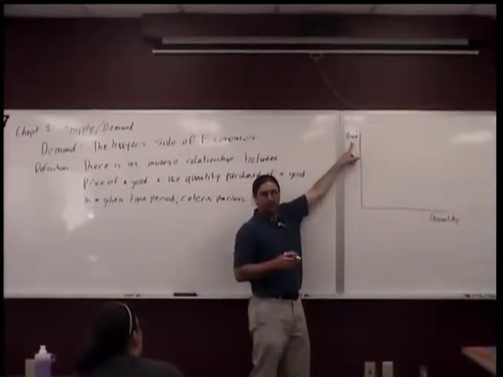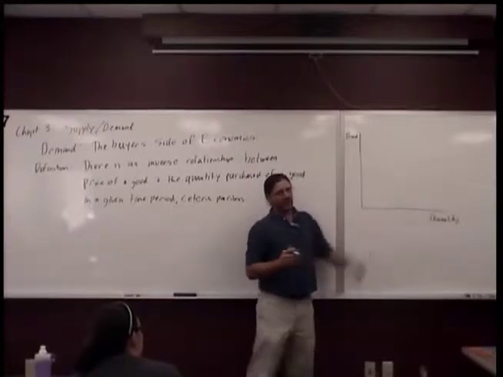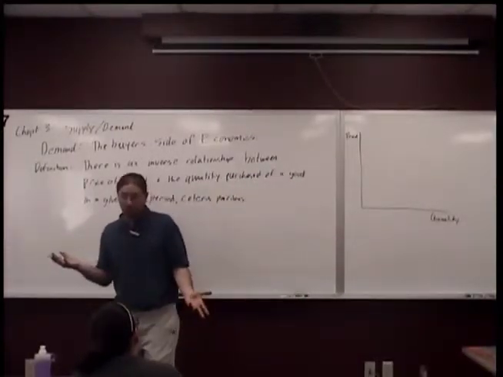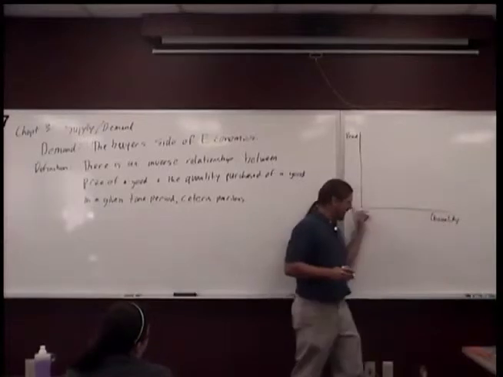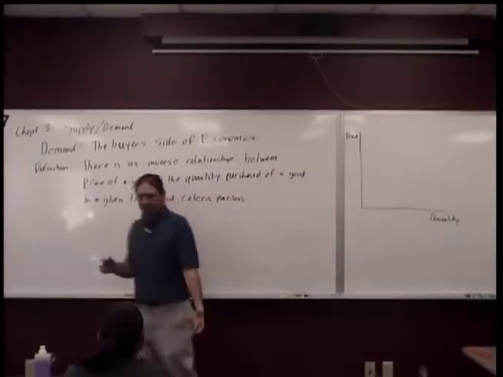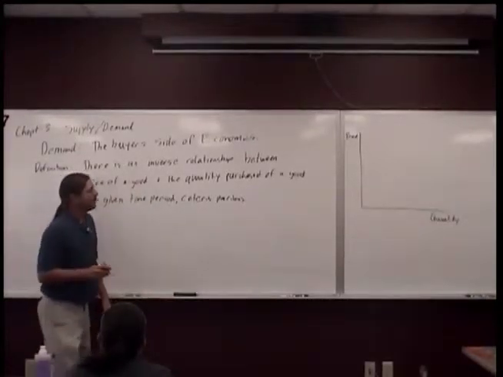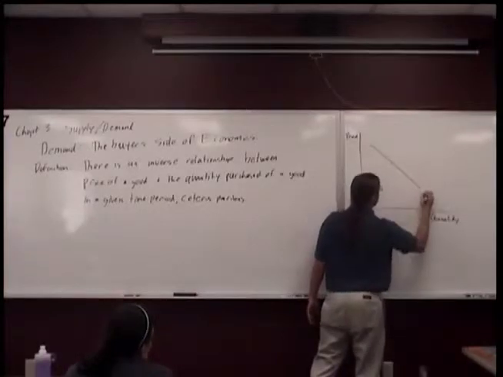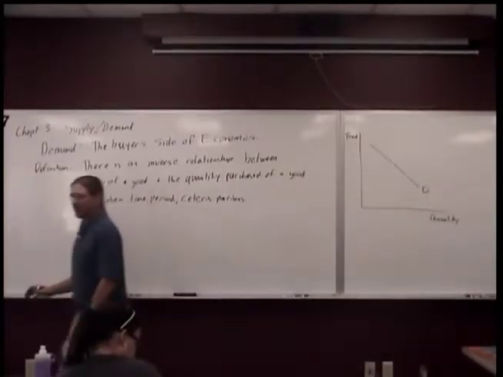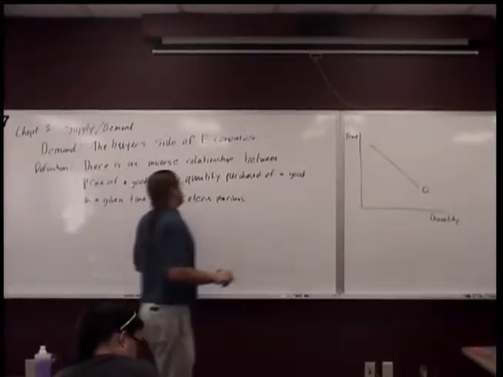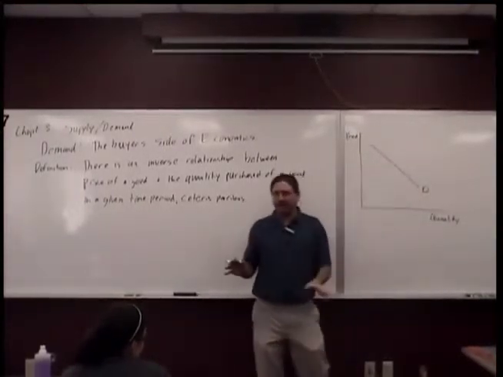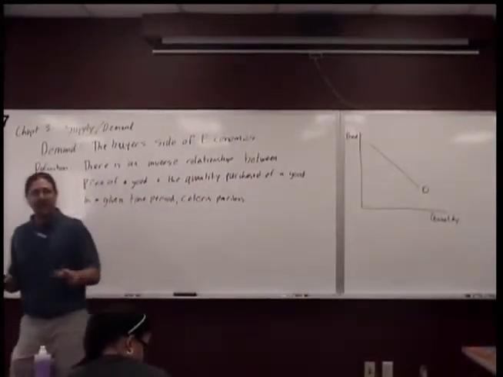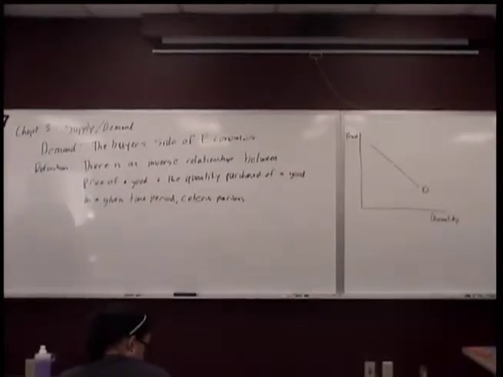Normally I won't write out the word price, I'll just put P, because it's easier and I won't misspell it. And along the horizontal axis will always be quantity, which I will probably abbreviate as Q after we've gone through this enough times. The model looks like that. Inverse relationship, therefore it's going down and to the right. For simplicity's sake, if your demand model is a little steeper or flatter than mine, it doesn't matter. We'll get into what changes that in chapter 5. But this is just chapter 3, so as long as it's going down and to the right, I'm a happy man.